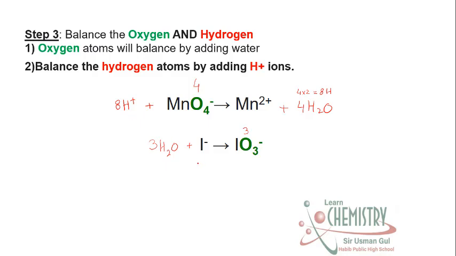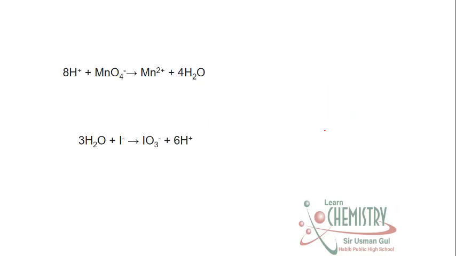Now moving toward the second half reaction. In the second half reaction there are 3 multiplied by 2, 6 hydrogen on the left hand side. So we will add 6H+ ions on the right hand side. Now in both of the half reactions oxygen as well as hydrogen is balanced, or you can say all the elements are balanced. Now we will move toward the fourth step.